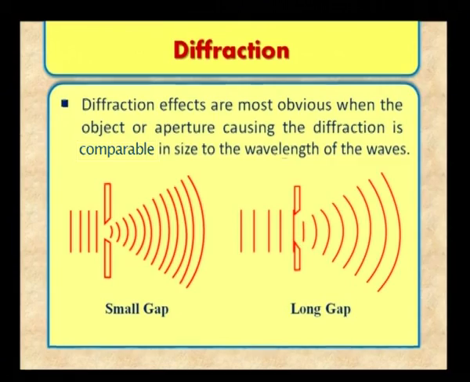If the wavelength of the waves and the object size are similar, then only the diffraction effect will be profound. At this point I will just give you a few words.